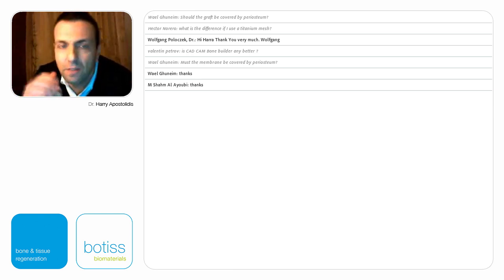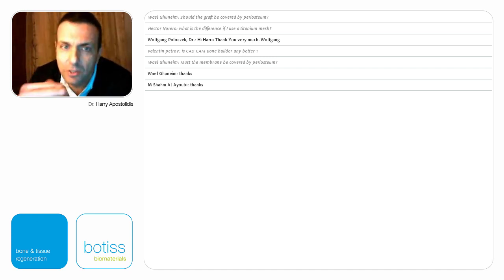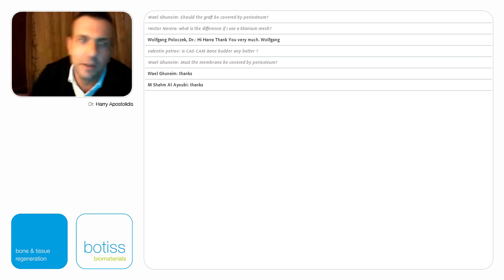The good thing is that if the flap opens, if you see the titanium mesh exposed intraorally after 3 or 4 months, then probably almost all of the bone augmentation, bone regeneration will be done up to then if you have used autogenous bone. So it's not that much of a disaster. But if you have a titanium mesh opening up in 3 months and you have used only particulate like an allograft or a xenograft or a mix of allograft and xenograft, that can be a disaster.